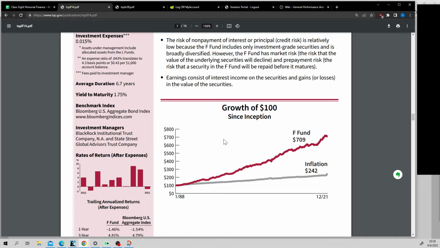And so, if you remember that credit risk and interest rate risk I was talking about, it has that credit risk from those corporate bonds, and it has the interest rate risk because it's not like the G fund where you have those very short-term securities that have the intermediate term returns. You don't get that free lunch with this one. You're still taking the risk. A lot of folks will have this 100% as their bond allocation, not in their stock allocation, of course.